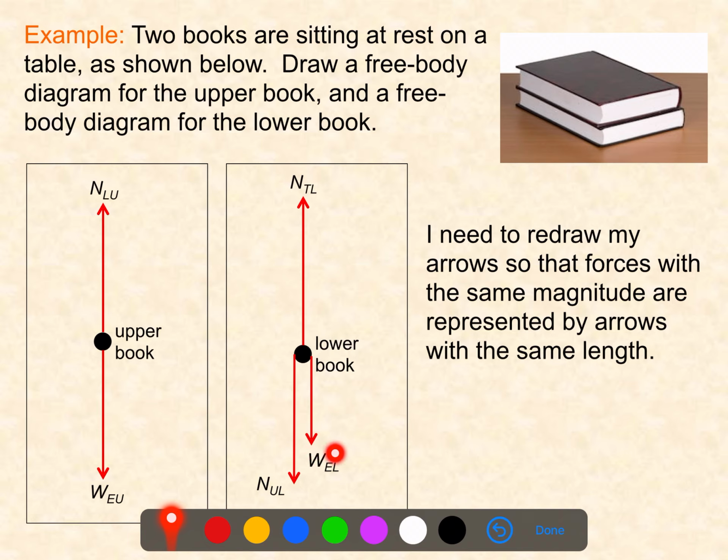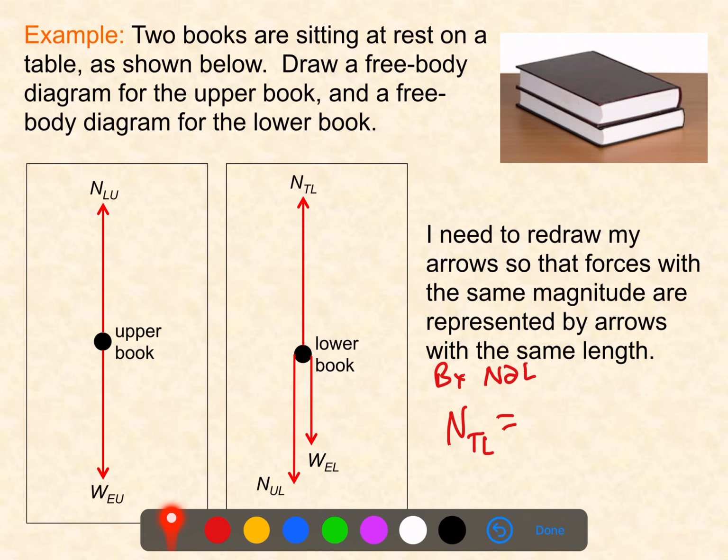Why did I do that? Well, by Newton's second law, where I'm thinking about the sum total of forces on this object, which happens to equal 0, I need it to be the case that the normal force of the table on the lower book equals the total of these two in this direction.